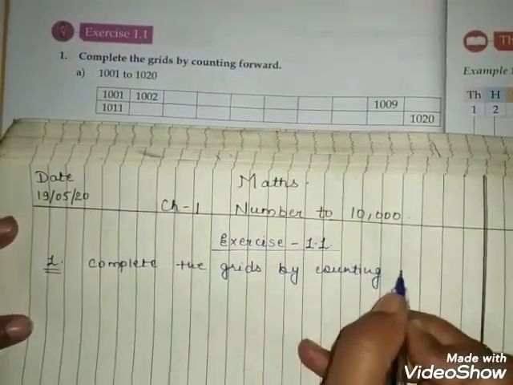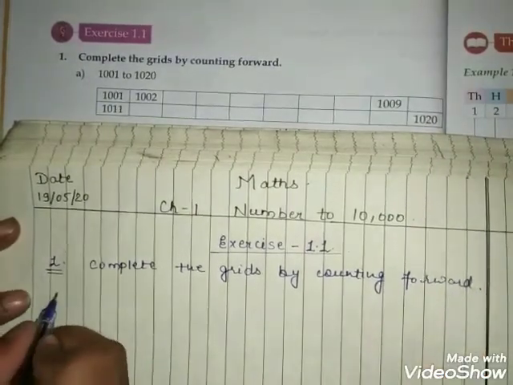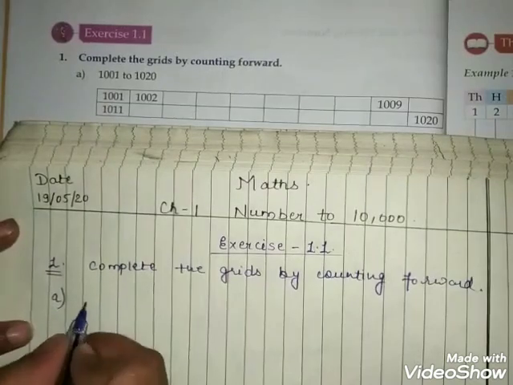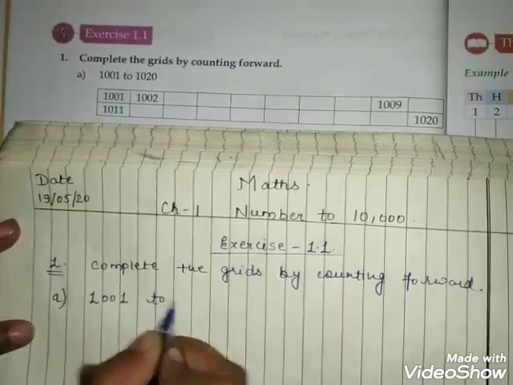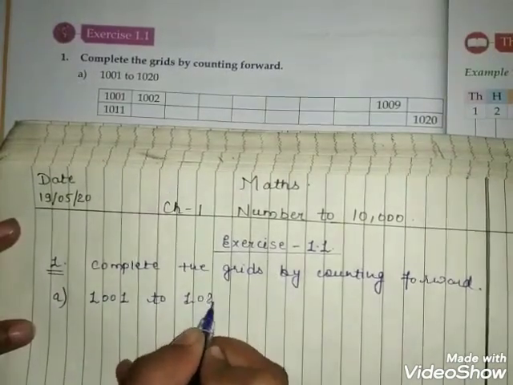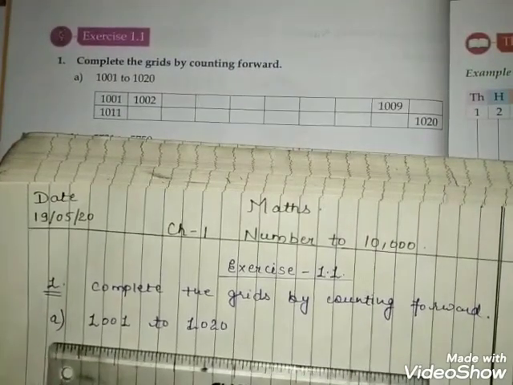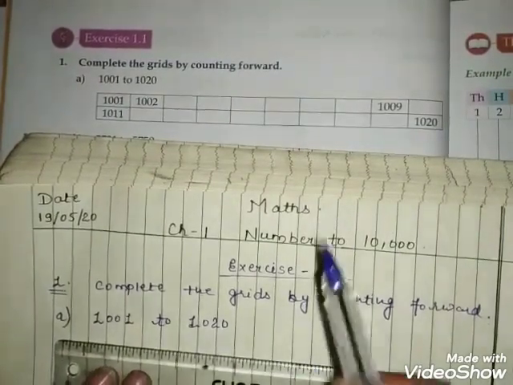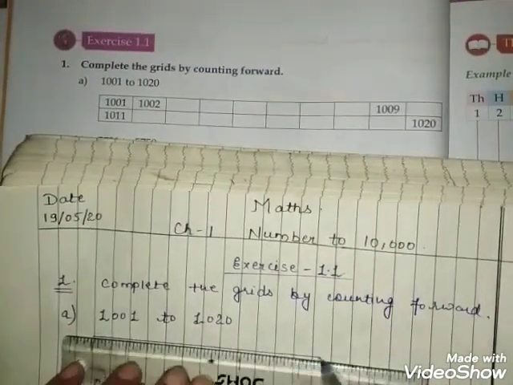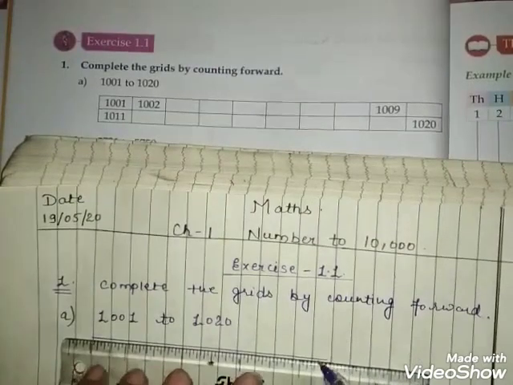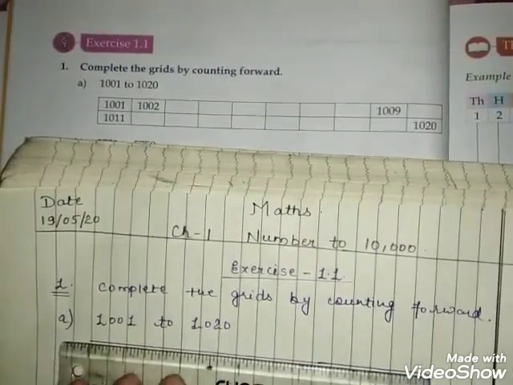Then you have to write the question number, question A, which is 1001 to 1020. Now you have to make the box as it is given in the book with the help of a scale and pencil, and you have to make the same number of columns and rows which is given in the book.